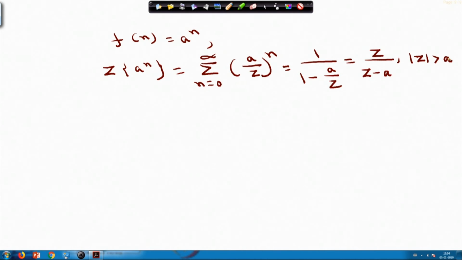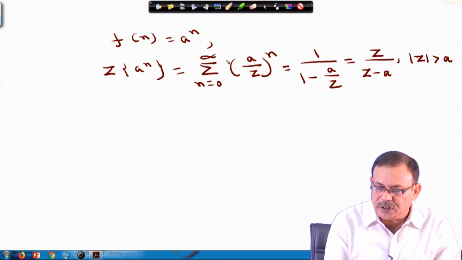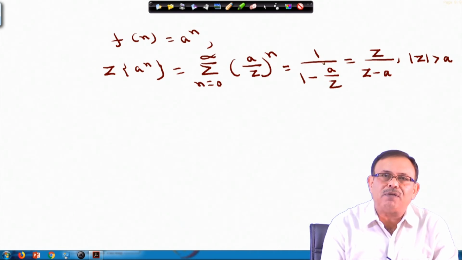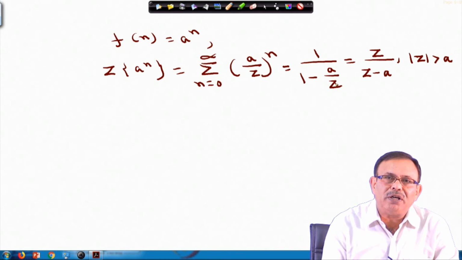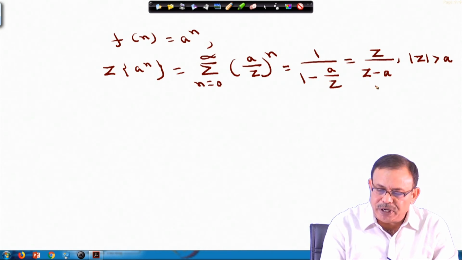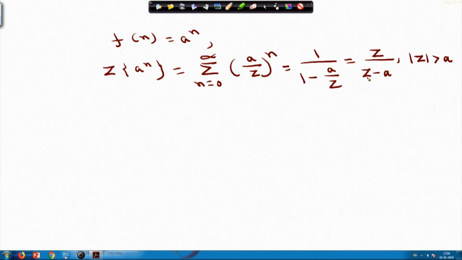So, therefore, the Z transform of a to the power n is this series. This series I can write in the form of 1 by 1 minus a by z, which is equals z by z minus a. So, whenever I have to find the Z transform of 1, I simply take a equals 1.